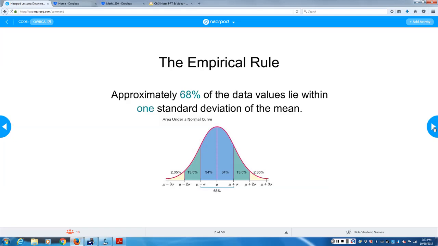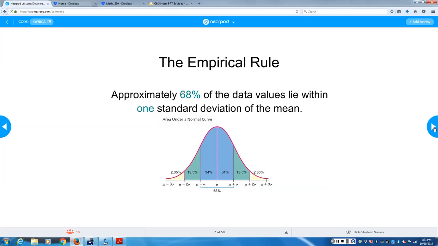This is the empirical rule. Part of the empirical rule is where we got the range rule of thumb. We've had the range rule of thumb since chapter 1. Part of that rule actually comes from the empirical rule. What the empirical rule says is that about 68% of the data values will be within one standard deviation of the mean.